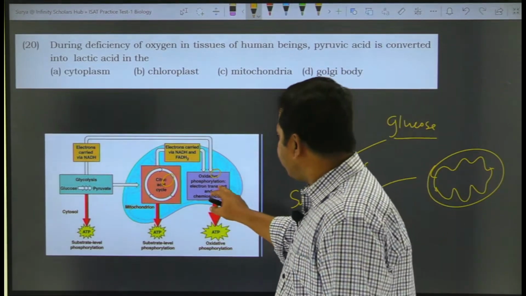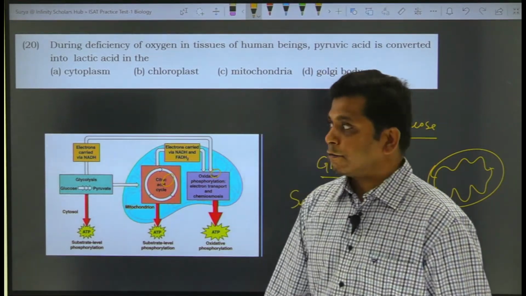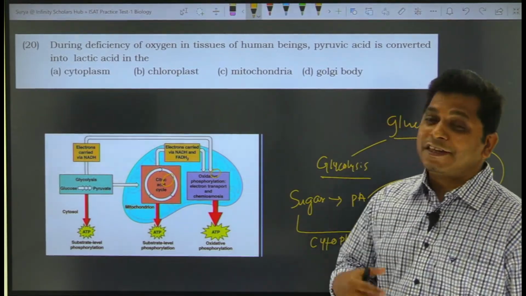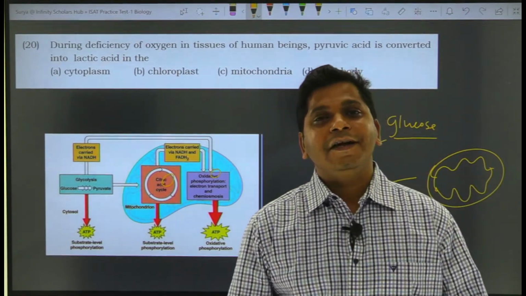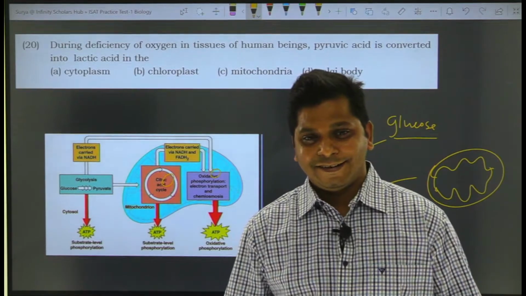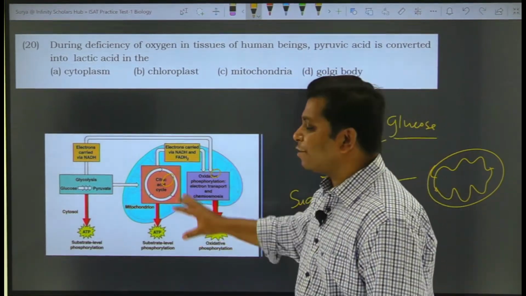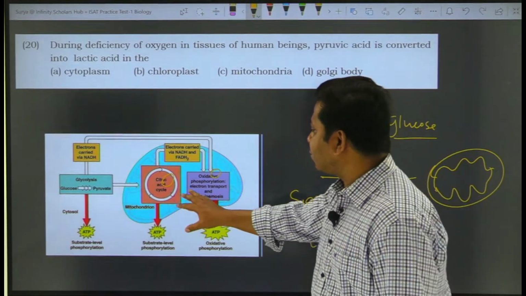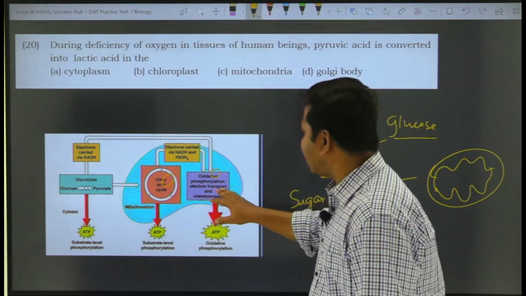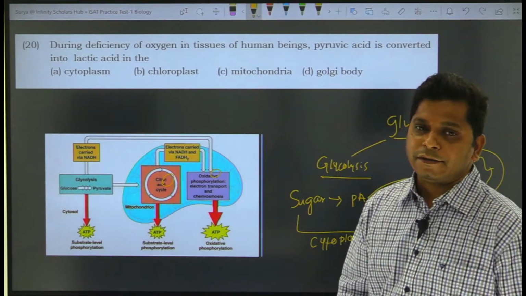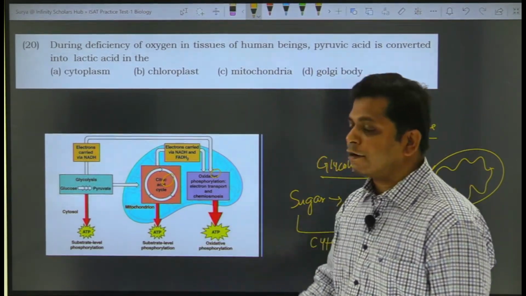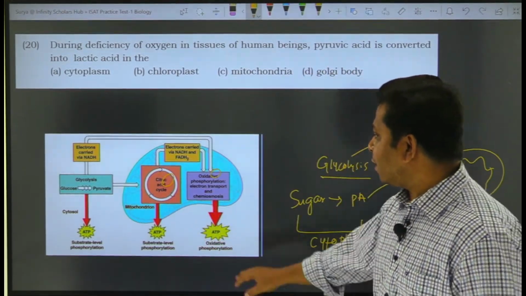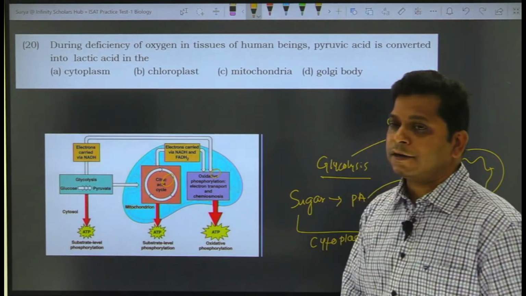So, therefore, oxygen is required for that process. But the question is saying that during deficiency of oxygen, so when oxygen is deficient, this process cannot work, right, because oxygen is required to carry out both the citric acid cycle and oxidative phosphorylation, because the final electron acceptor is oxygen. As oxygen is not there, this pathway cannot work.